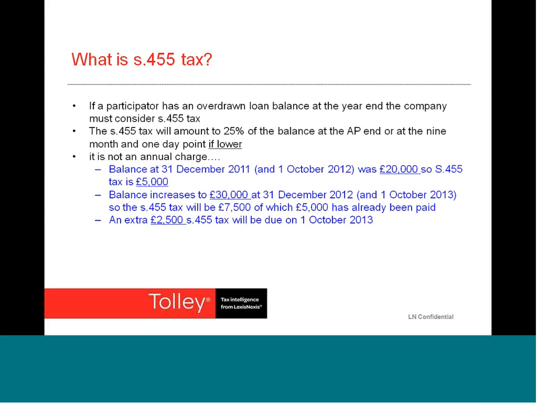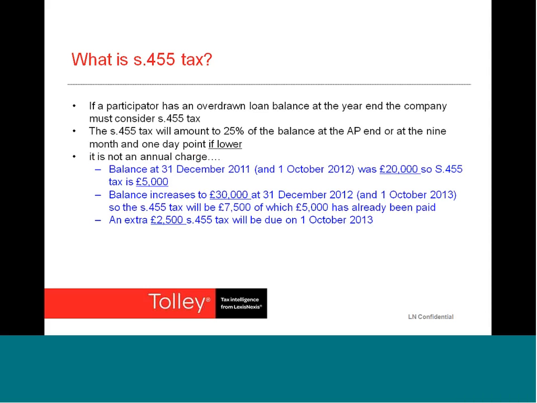So let's say we have a year end of December 11, and we look at the balance outstanding at the end of the accounting period. We look at the balance outstanding on the normal due date. So normal due date there is 1 October 12. The lower of the two says £20,000 is outstanding, loan to participator. So at 25%, £5,000 of penalty tax will be paid.